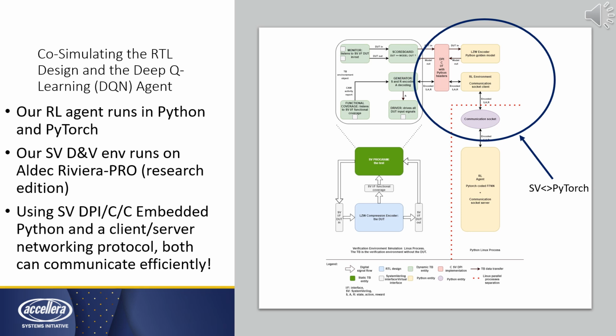So for this purpose, I developed an interface based on a DPI-C and embedded Python that talks to a communication socket also written in Python. And it's actually a client-server architecture where the RL agent is the server and our design is the client. So every time a state and the reward is ready, it communicates to the server and tells the agent that it needs a new action.